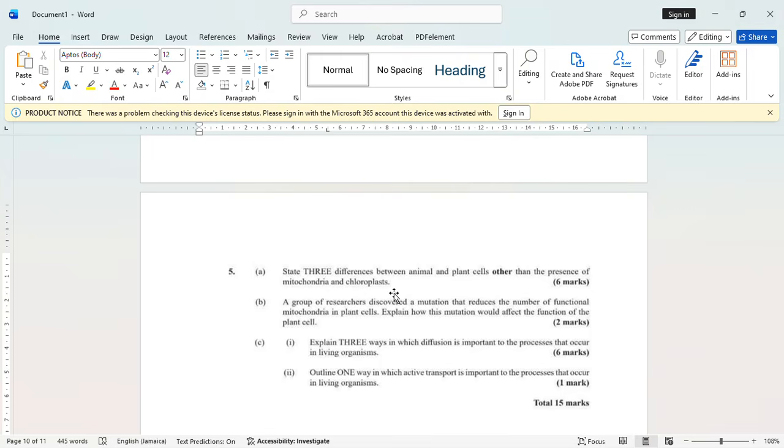All right. So yes, it is good. The carbon dioxide and oxygen throughout the body diffuse, especially in the alveoli.